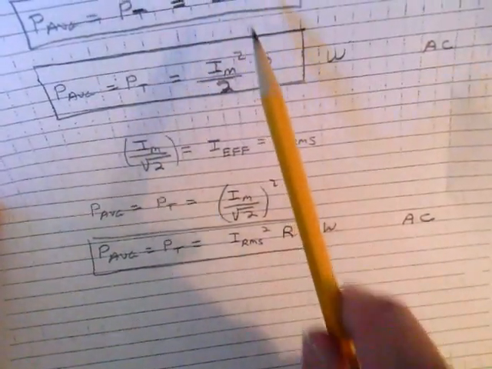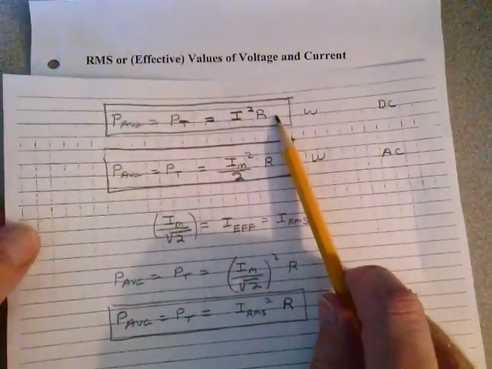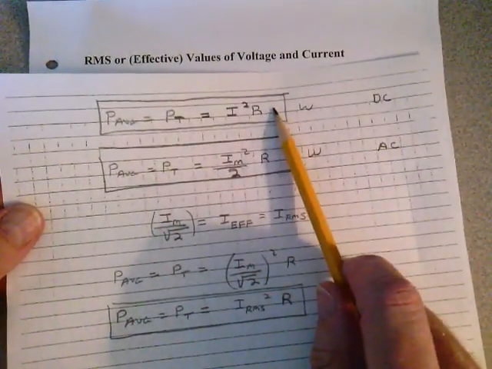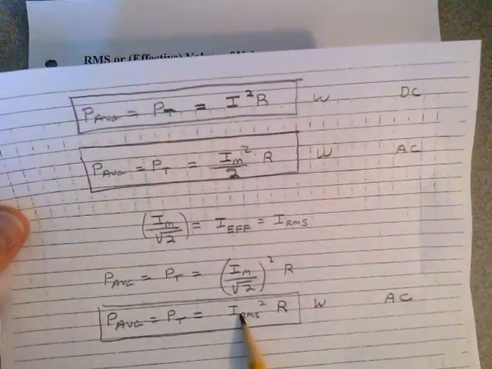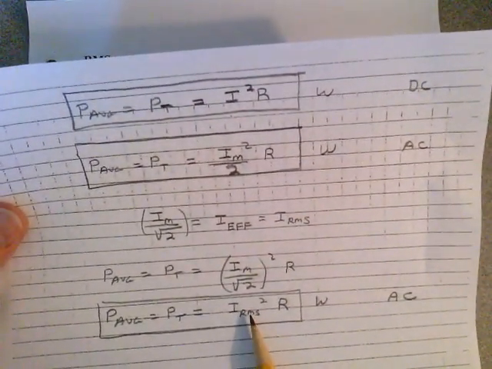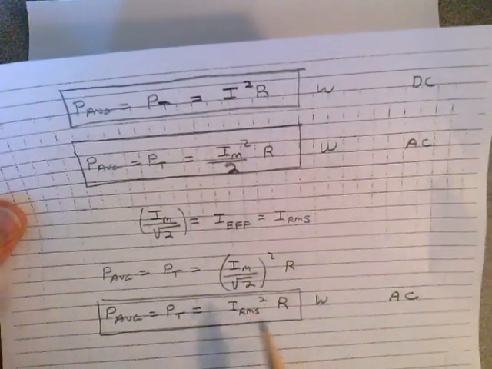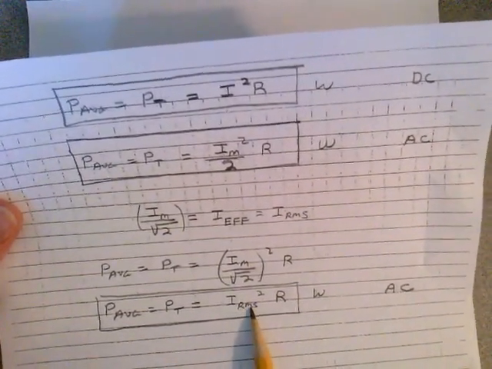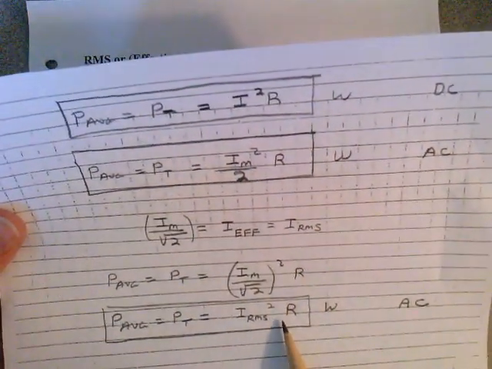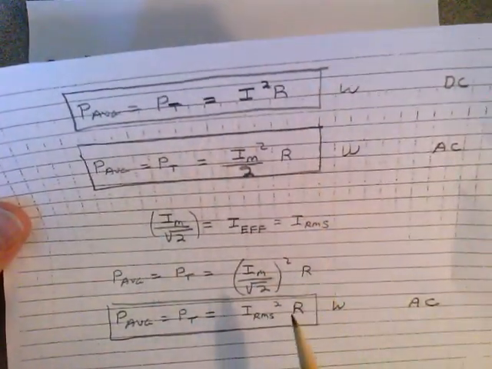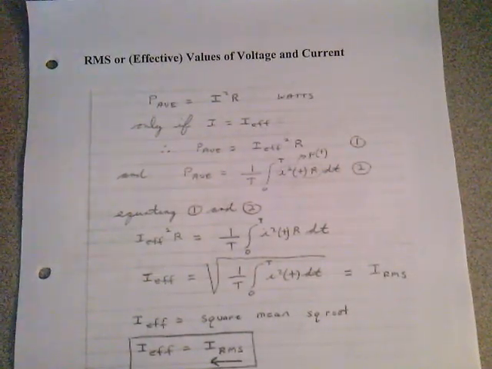So I'm comparing these two formulas here and here. Where this formula is effective, you take I squared R if I is DC, and down here it's the RMS, the equivalent. It's the effective value of the current if it's AC. It's not the peak if you're squaring it. So all three of these are formulas you can use, but I'm particularly interested in the last one.